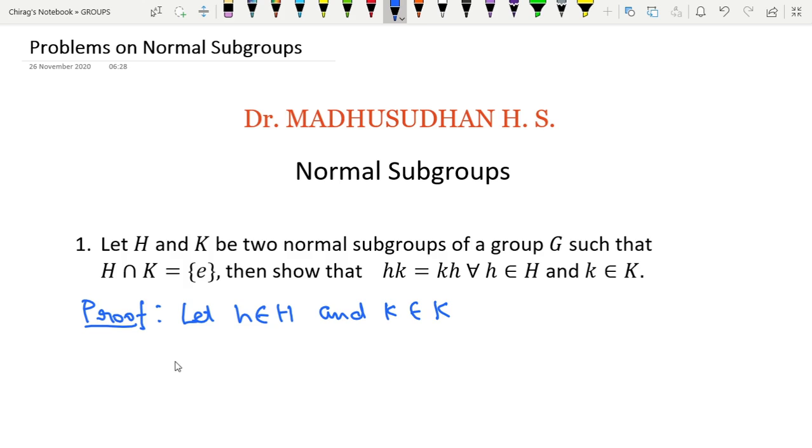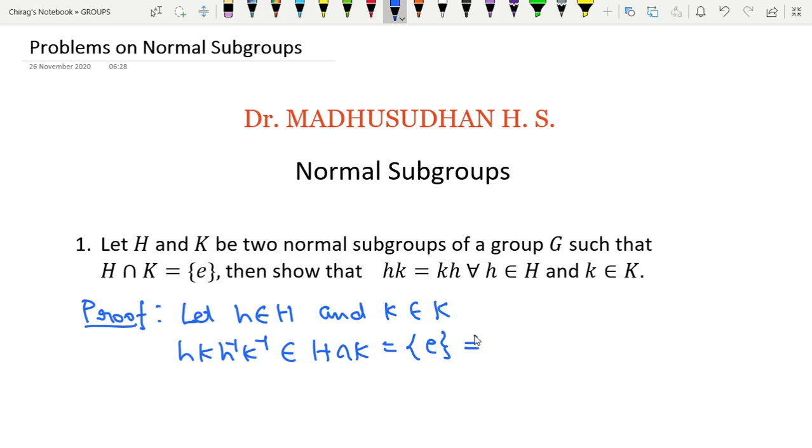The idea here is to show that h k h inverse k inverse belongs to H intersection K, which is a set consisting of only one element, the identity element.